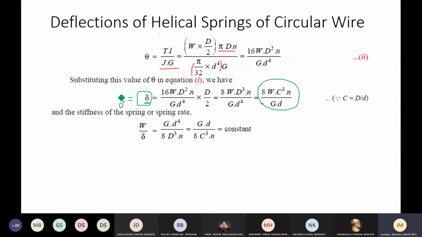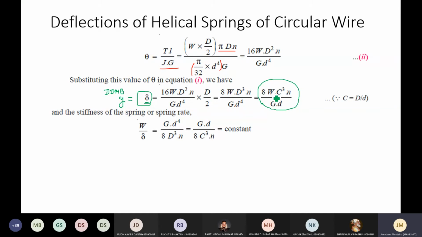Let me remind you here, y is the notation that is used in your data handbook. We'll not confuse ourselves with so many terms. Let us stick to one thing. y is one notation used in the data handbook for deflection of the spring. So we're equating this deflection with the deflection of the wire.